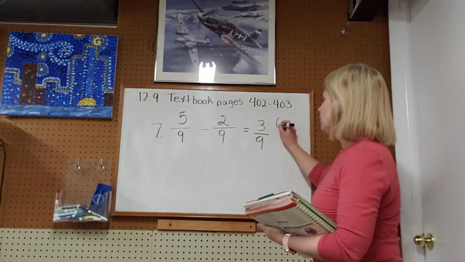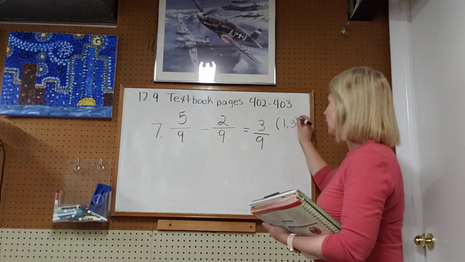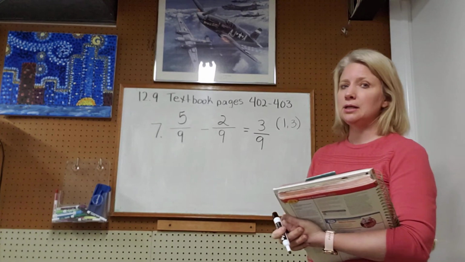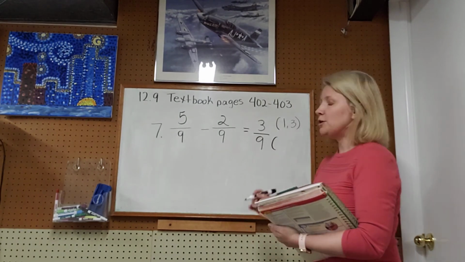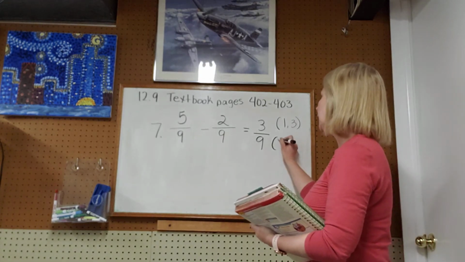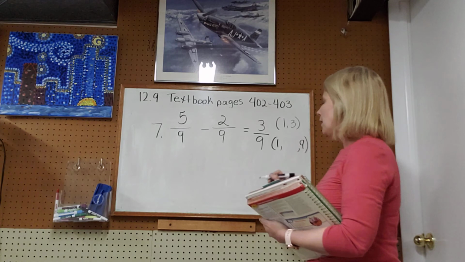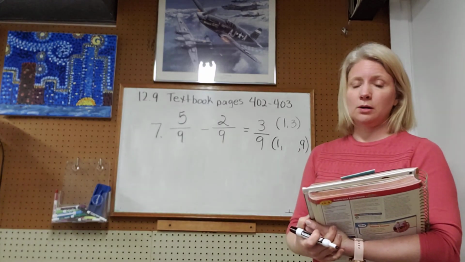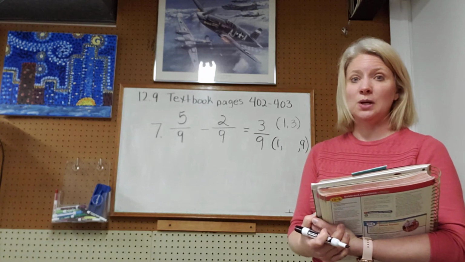Your factors for 3 are 1 and 3. There are no other numbers that you can multiply together to get the answer 3. Your factors for 9 are always 1 and the number itself, so 1 and 9. And there's one more factor that equals 9. It's 3 and 3.